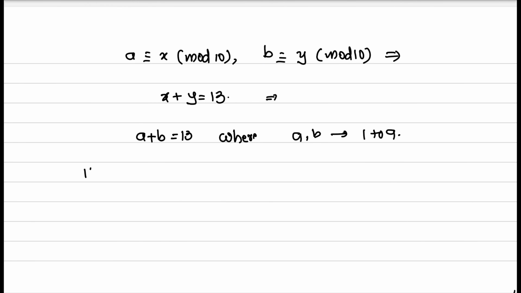Hence, 4 and 9 can be a pair for a and b.